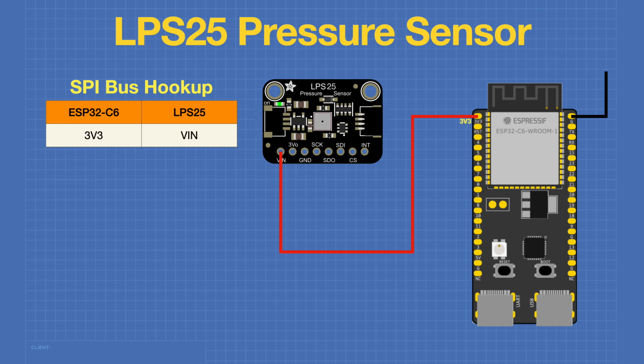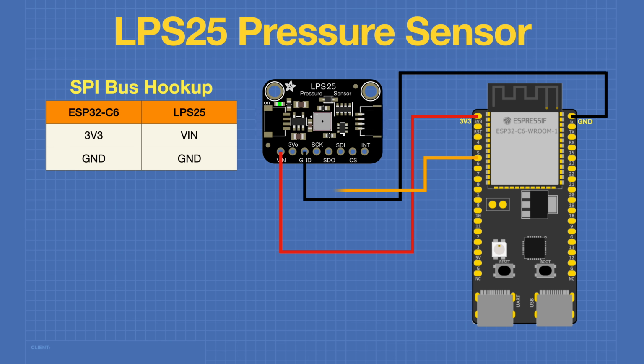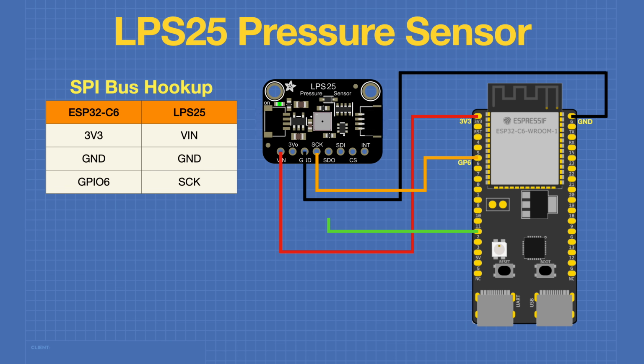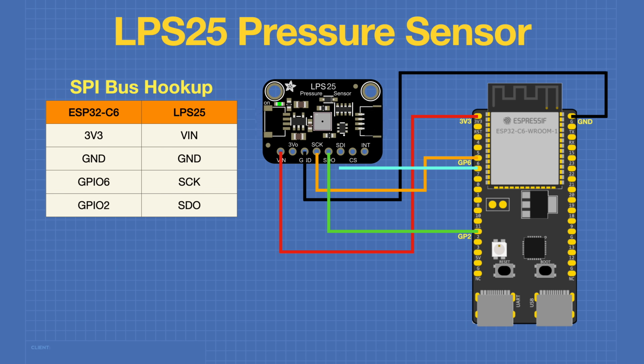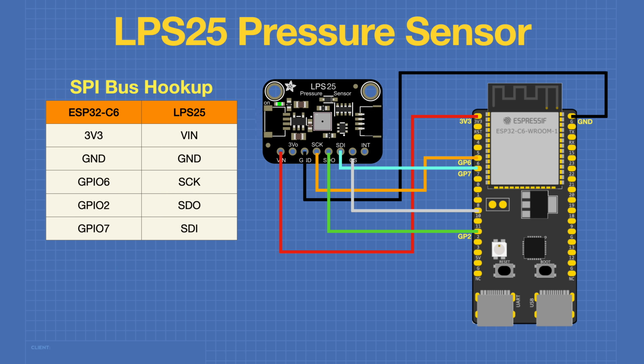The ground of the microcontroller will of course be connected to the sensor's ground. GPIO pin 6 will be connected to the SCK pin. GPIO pin 2 will go to the SDO pin, and GPIO pin 7 will go to SDI. Finally, we'll use GPIO pin 10 for our chip select on the LPS25. And that completes our wiring.